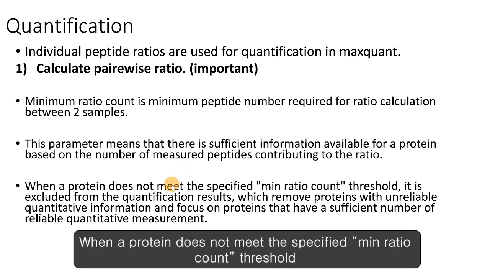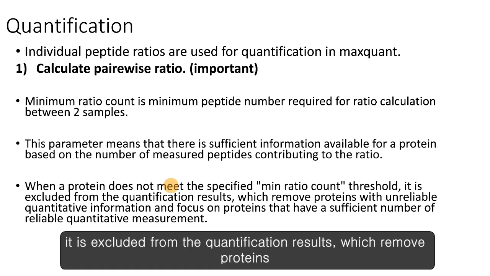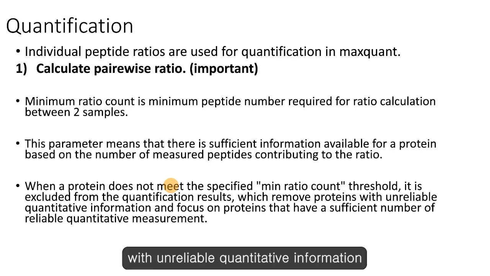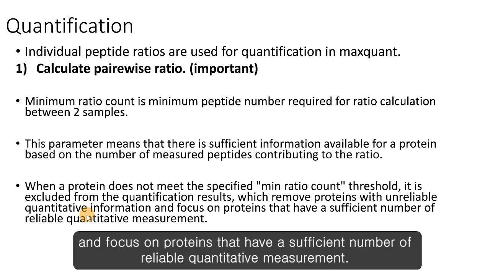When a protein does not meet the specified mean ratio count threshold, it is excluded from the quantification result, which removes proteins with unreliable quantitative information and focuses on proteins that have a sufficient number of reliable quantitative measurements.